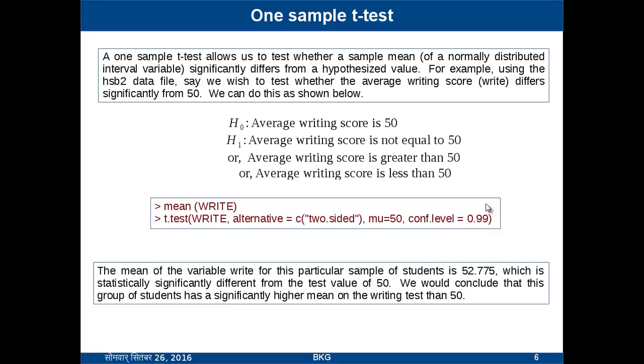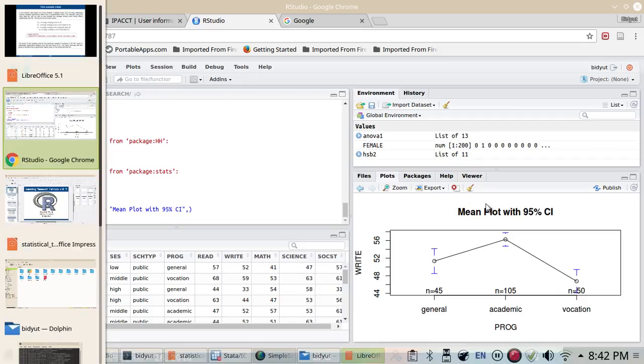There is a default confidence level in R. Now let us see how we can do this t-test in R.